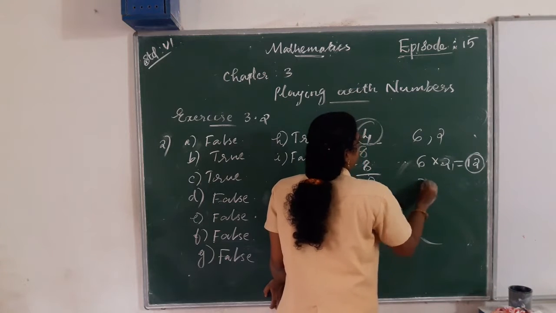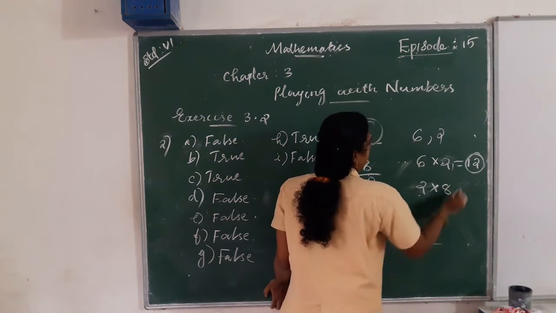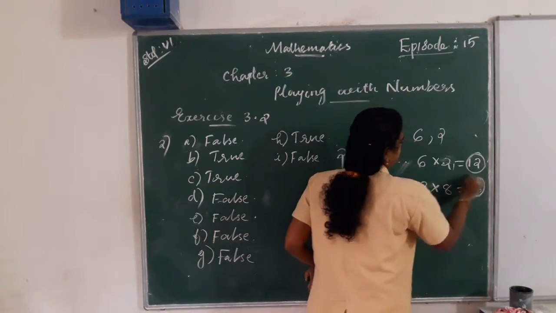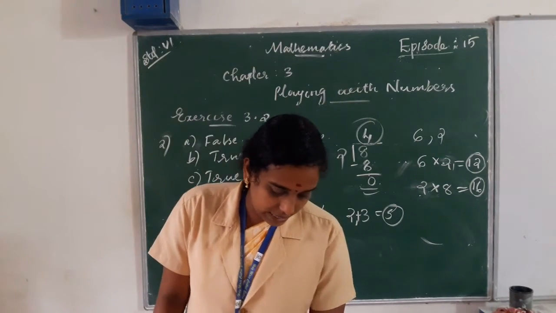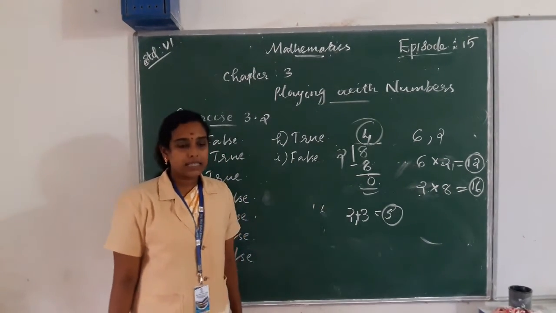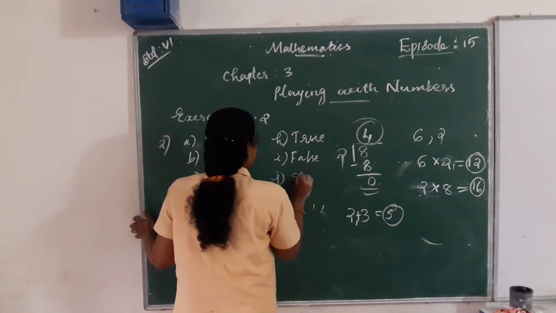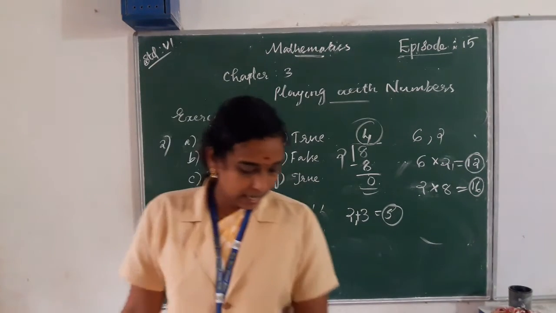And 2 and 8 are also even numbers. Then we take the product of 2 and 8 and get 16, which is also an even number. So the statement is true. That is, the product of two even numbers is always an even number. So this statement is true.